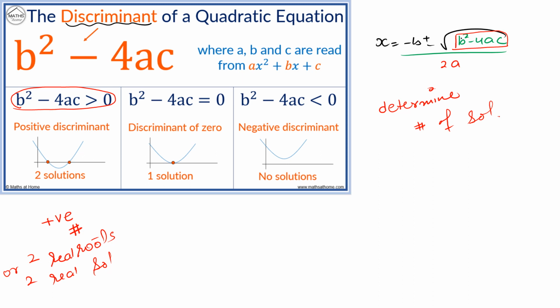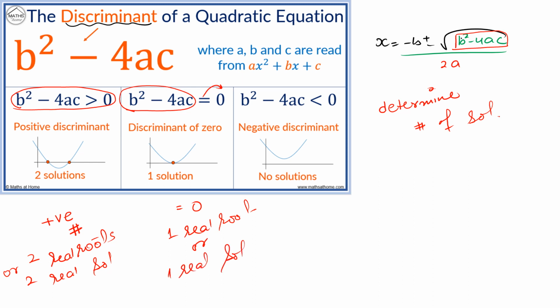Now if b square minus 4ac is exactly equal to 0, meaning the answer is 0, then you write only 1 real root or one real solution.